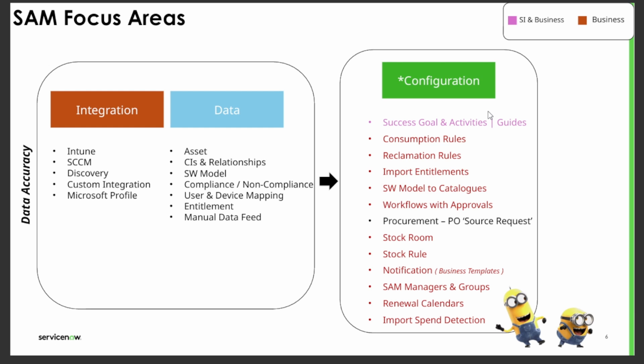If this is your question, the consumption rule is the right answer. You can define this consumption rule based on your company, cost center, location, department, etc. This is a way you can narrow down your non-compliant software based on these criteria.